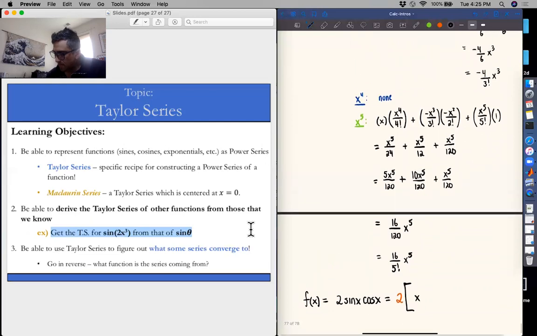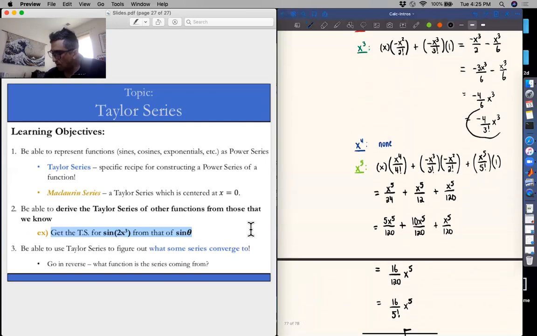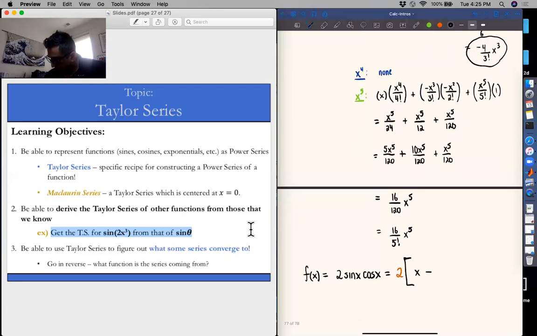The second term being that minus 4 over 3 factorial times x cubed. And the last term that we found that was non-zero was that 16 over 5 factorial times x to the 5th. And of course, there are infinitely many more terms than this, but this looks like the first 3 non-zero terms of that resulting Taylor series.